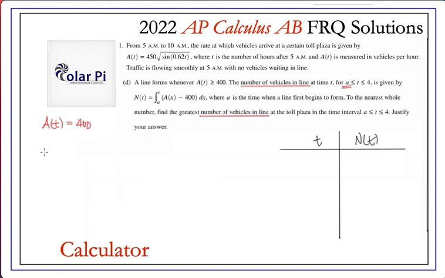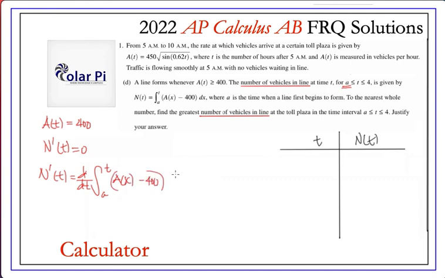And then, in addition, since what we're being asked for is the greatest, the global maximum, we need to find where n prime of t is equal to 0. But n prime of t is equal to d/dt of the integral from a to t of A of x minus 400.